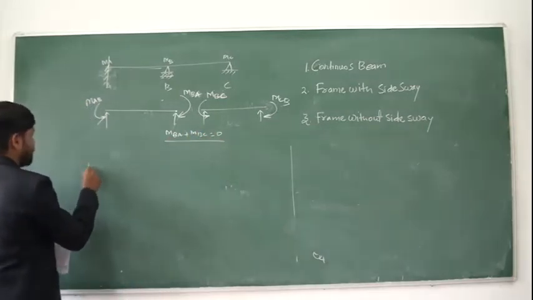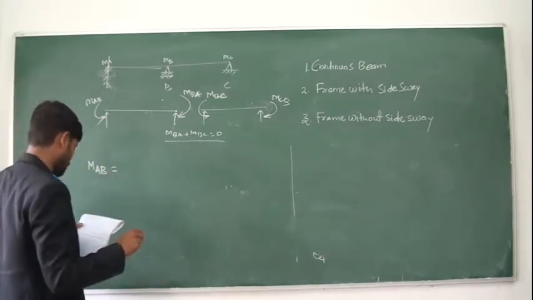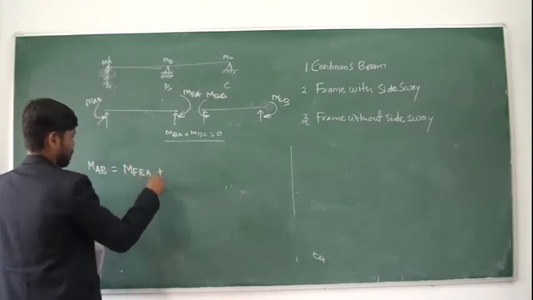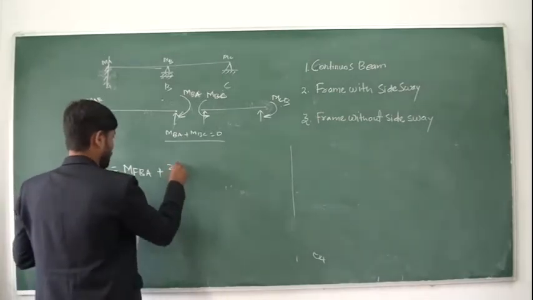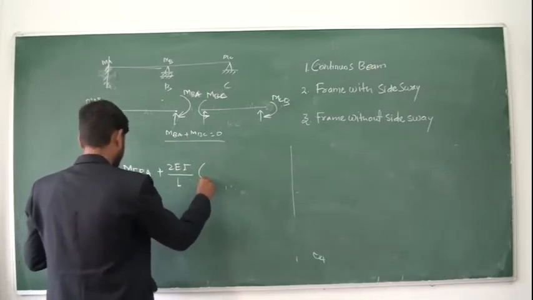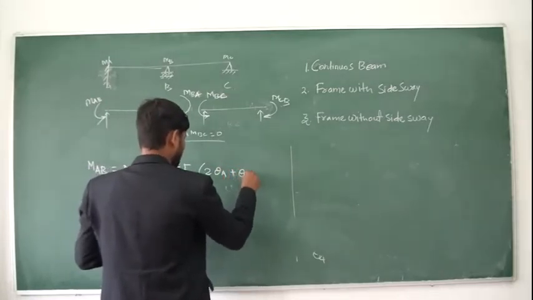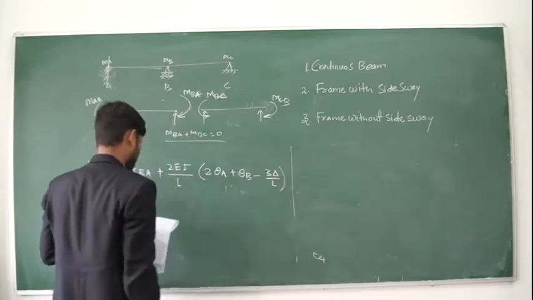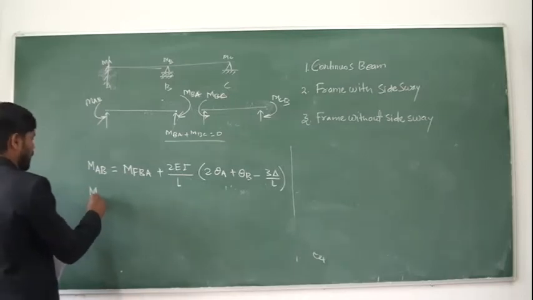So what is MAB? It should be equal to MFAB plus 2EI divided by L into bracket 2 theta A plus theta B minus 3 delta upon L. This is for MAB. And what about MBA?